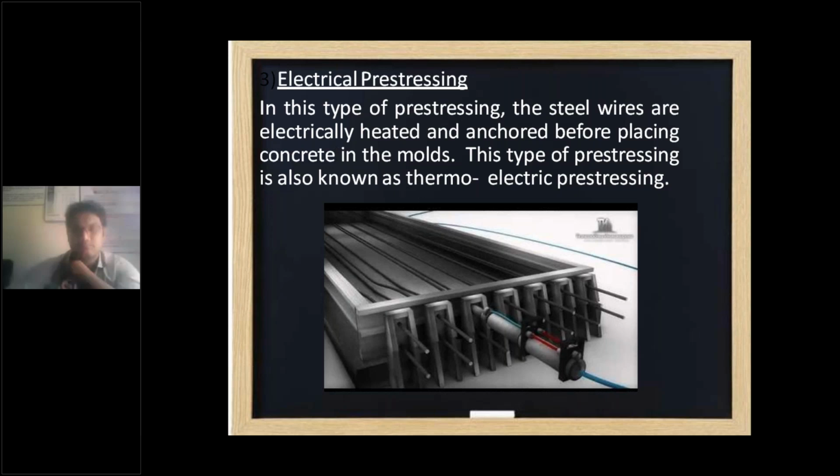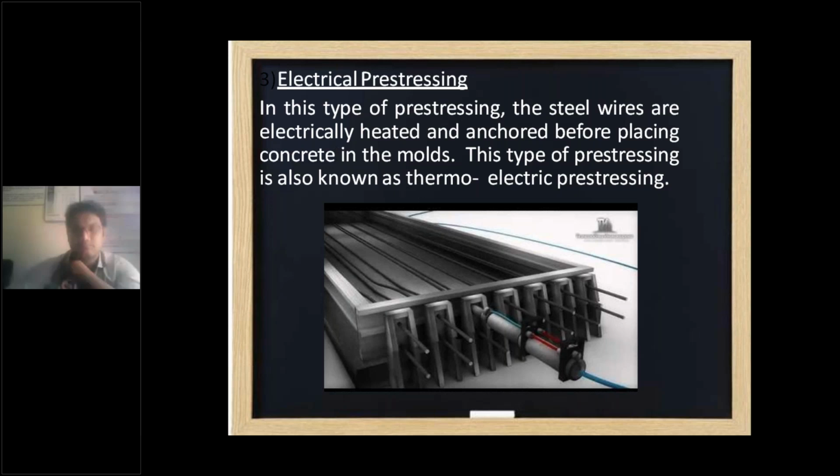Why? Because no concrete is placed when the wires are tensioned in the pre-tensioning system, so you are able to heat the strand or wire. The steel wires are electrically heated and anchored before placing concrete into the mold. This type of prestressing is known as thermo-electric prestressing. Why?